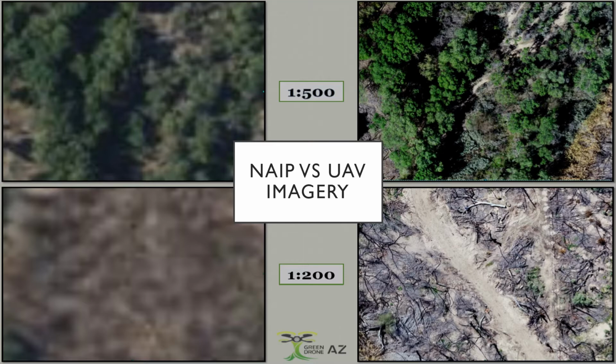And again, there's a huge difference between 1 meter resolution and the resolution that we ended up with from the project site, which was about 3.2, 3.5 centimeters per pixel. That means whenever we zoom in to those pixels, which look like squares, each one of those squares represents about 3 centimeters versus 1 meter that we would see through NAIP imagery.